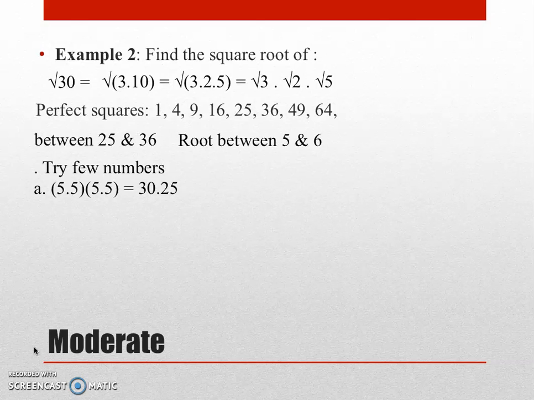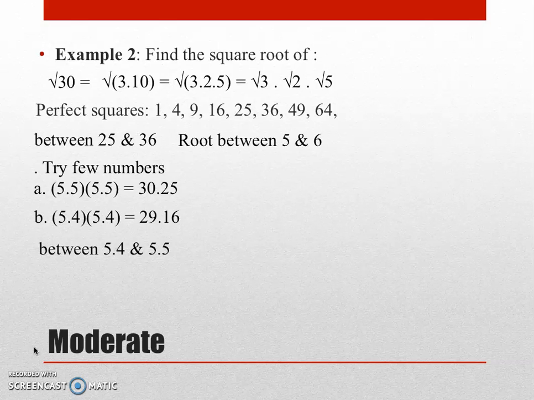Let's try 5.5. 5.5 squared is 30.25. So now we know our square root is a number smaller than 5.5. Let's try 5.4. That gives us 29.16. So now we know that the square root of 30 is somewhere between 5.4 and 5.5.